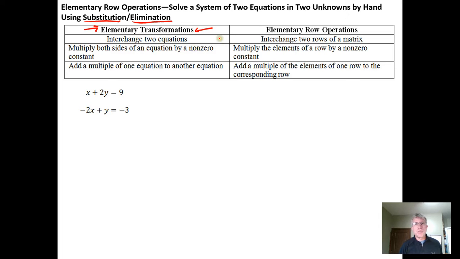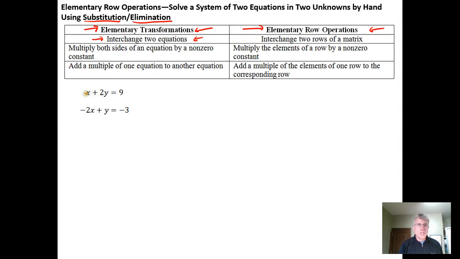And what we want to do is identify that elementary row operations, which are the operations that we can apply to matrices in the solution process, are really the same transformations that we've been applying to systems of equations probably since 8th or 9th grade. So an elementary transformation, if you have a system of two equations, you can interchange them and it doesn't impact the solution set.